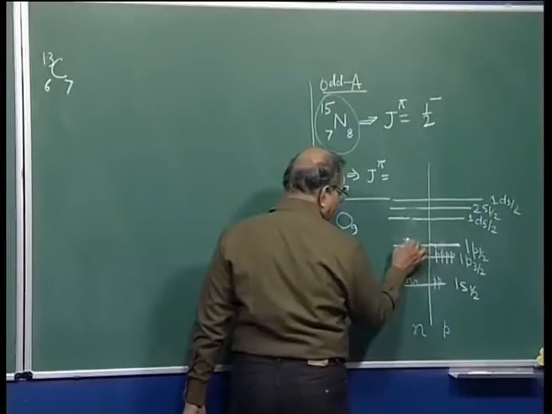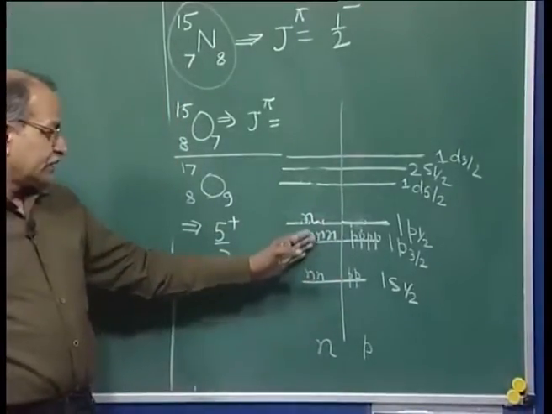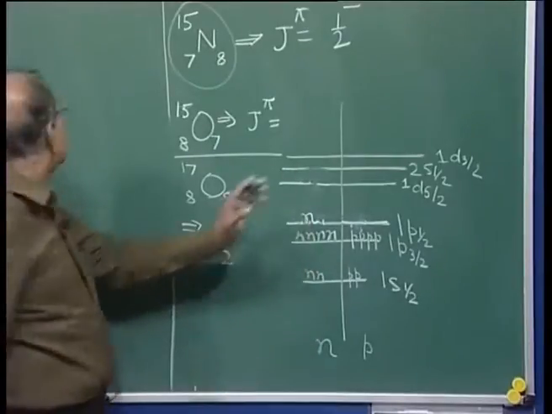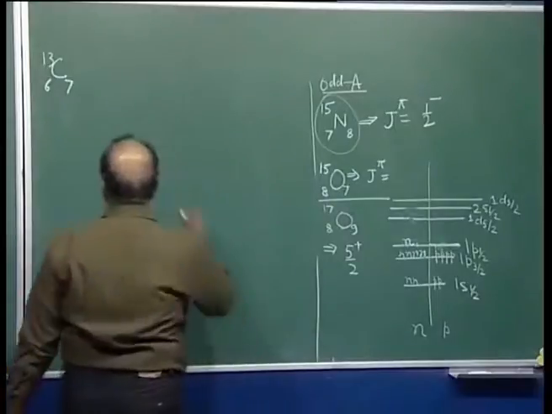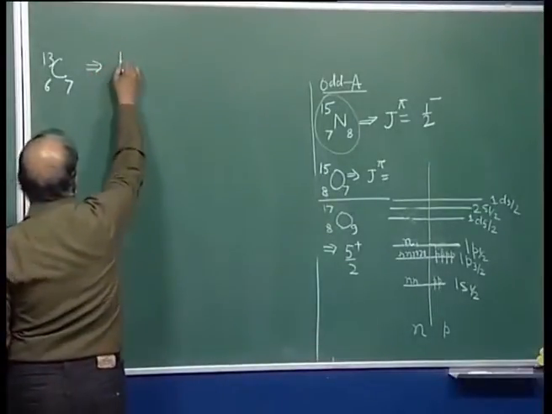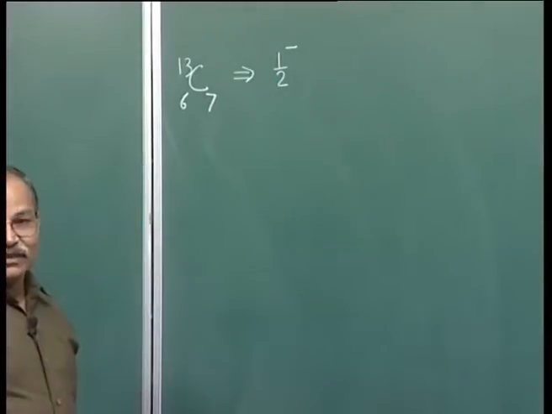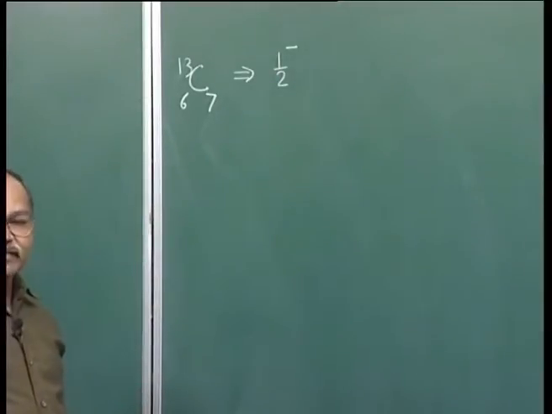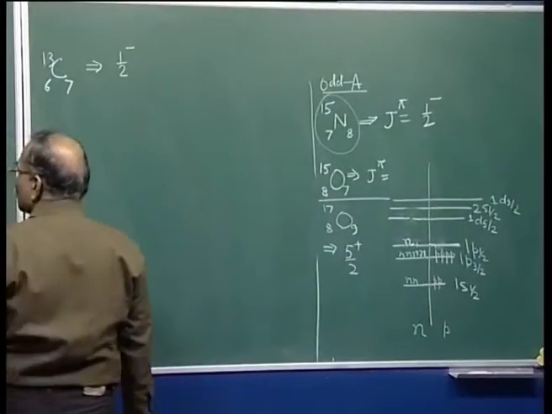So 1 neutron will go here, correct? 2 plus 4 plus 1, 7, right? 7 neutrons and 6 protons. So what should be the spin parity? Half negative, yes. That is how you can calculate. And in most of the cases it comes out to be correct, right?